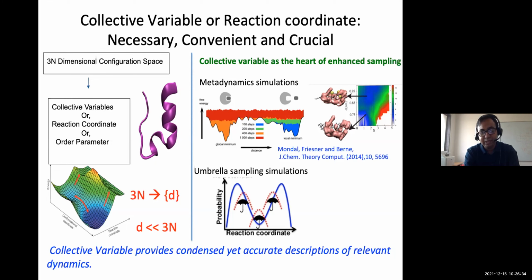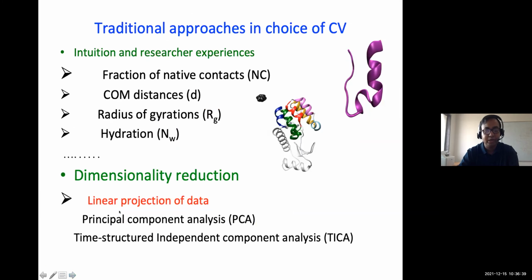So this tells you the complexity that we generally encounter, and that is why most of the time we have to choose a collective variable that works for the process of interest.